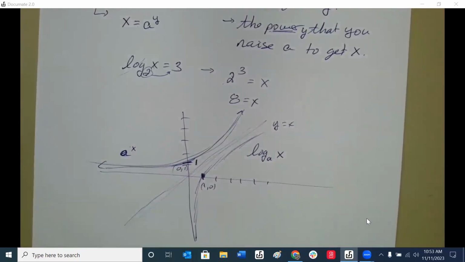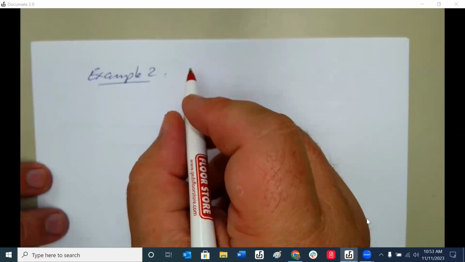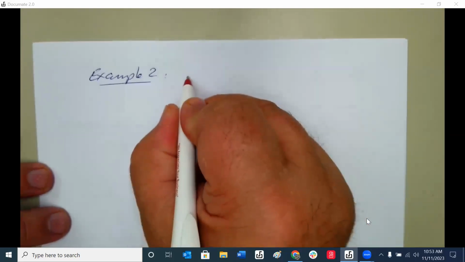All right, let's see, we've got some examples here. Example 1, we did that. So example 2. Find each of the following.